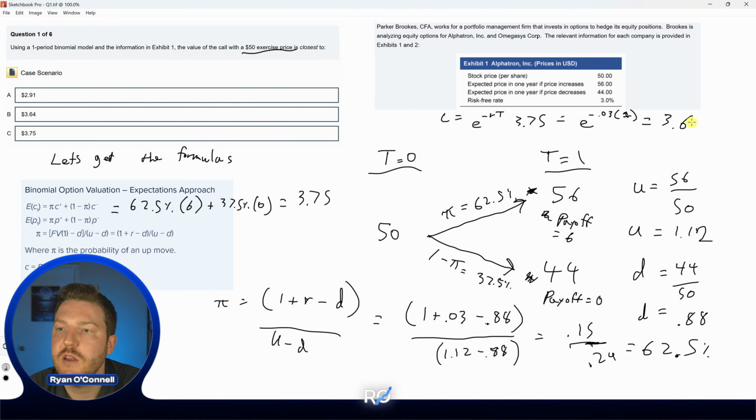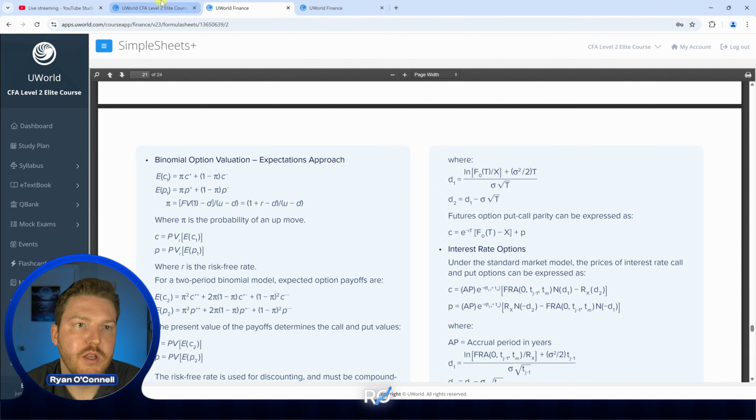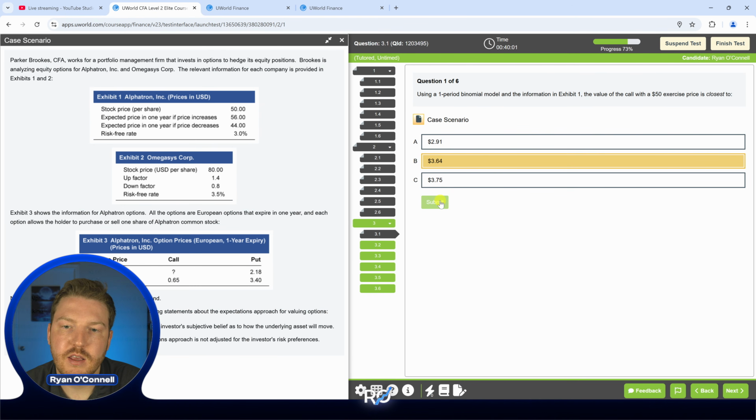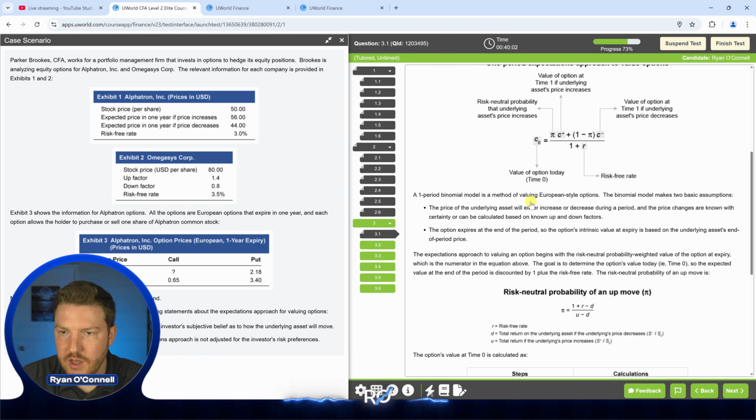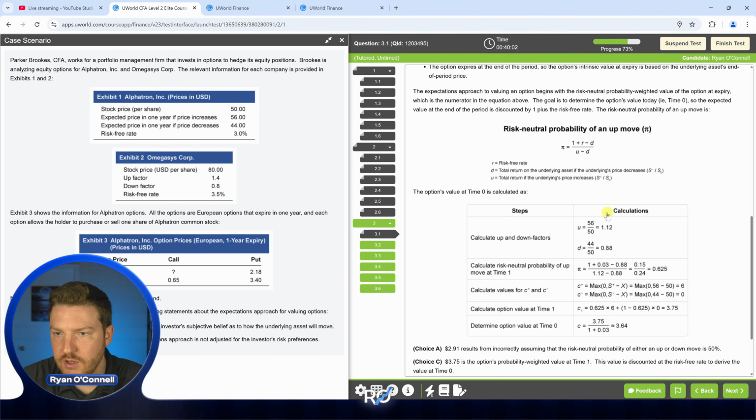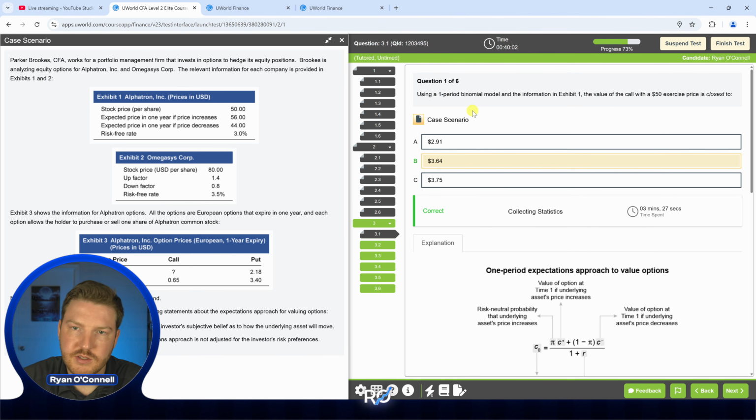And I'm happy to see that that is one of our available answers, 3.64. So let's go back over here and punch that in for the first one. All right, perfect, we got that right. You could follow along; it's similar to everything I just did. And that's the 1 period binomial model.